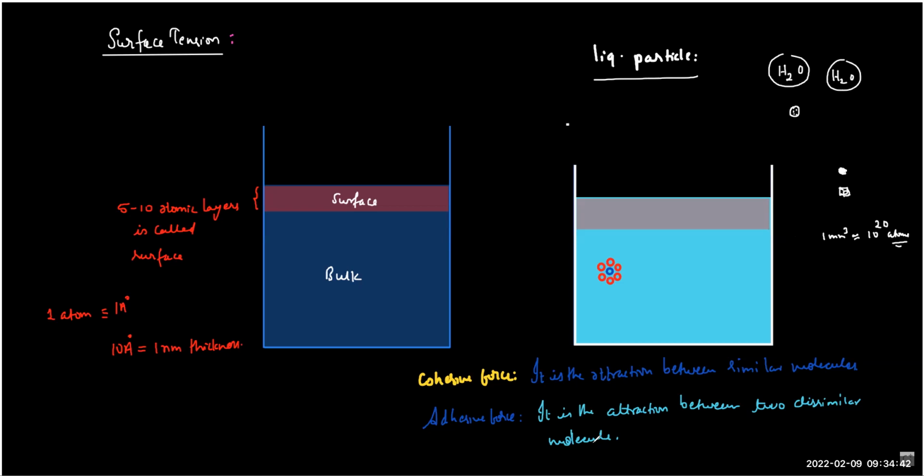So we have cohesive force and we have adhesive force, and try to understand this concept. This blue molecule is going to be attracted by the red molecules, and this attraction will pull the blue molecule like this.